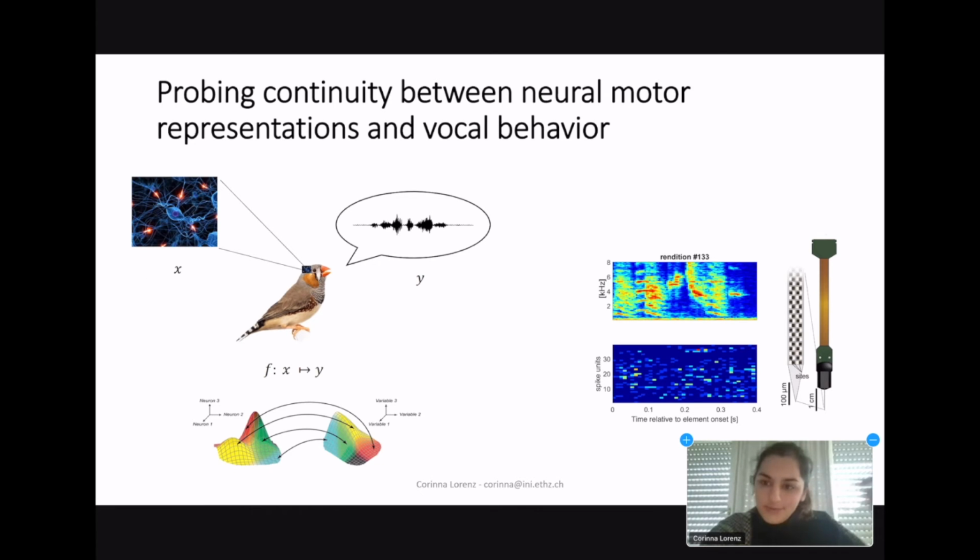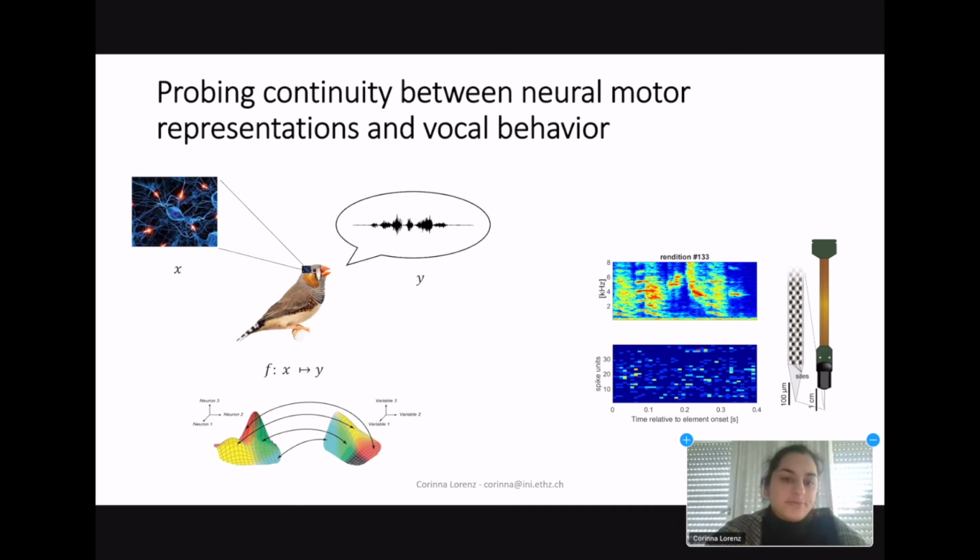What is the distance between two neural signals or two behavioral signals? If you think about the neural activity, you can assume there are 3 neurons with an activity pattern, and the behavior is repeated, so you have many repetitions, and you would first have to define the metric in this domain.